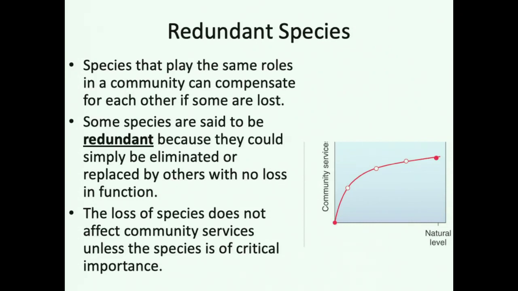This is looking at functions and redundancy in the functions of the different species. So in this case, loss of the redundant species has really no impact on community service, but if you lose enough of them, it's going to cause a dramatic decline in them.